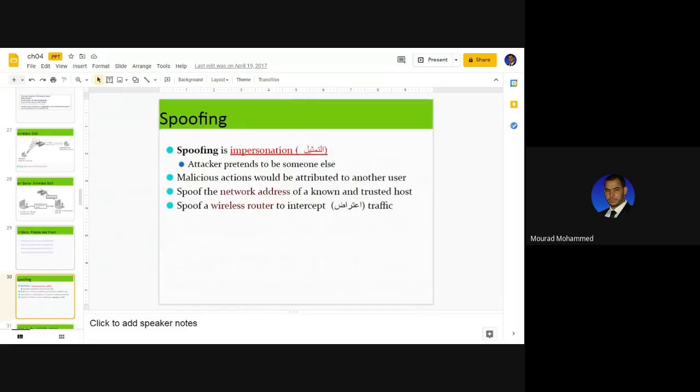Let's continue. At the beginning of this chapter, we defined the sniffers. A sniffer is used by an attacker to sniff a network flow.